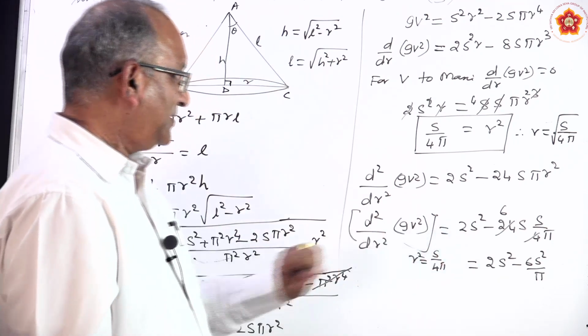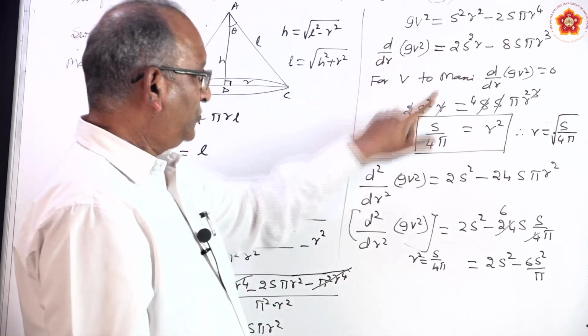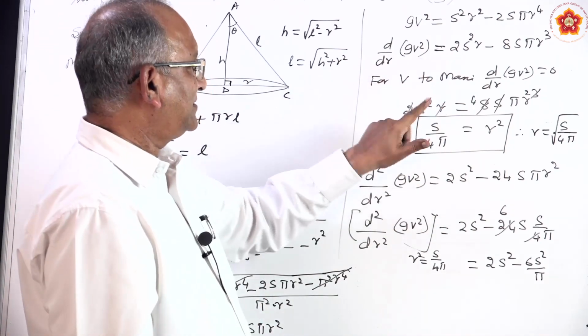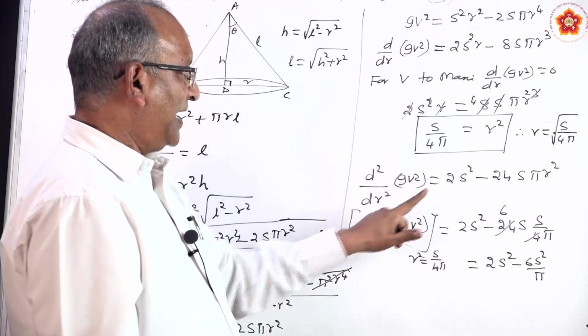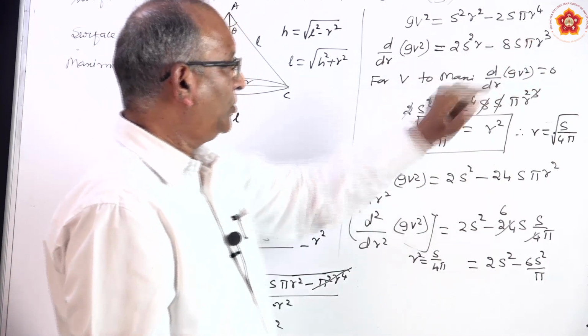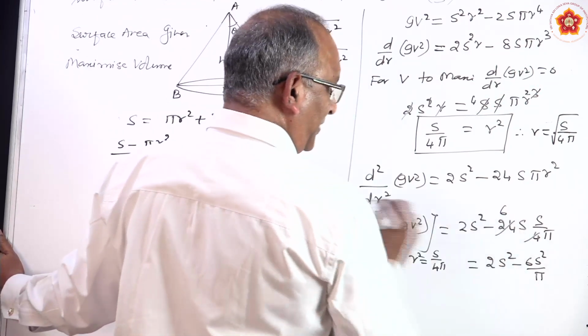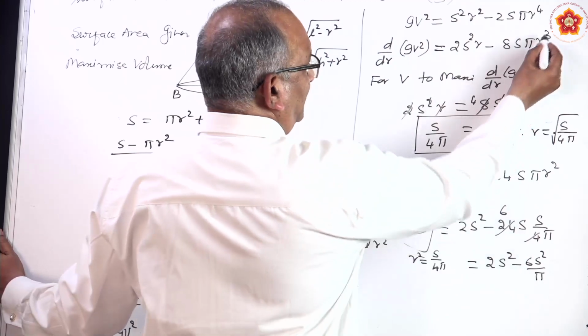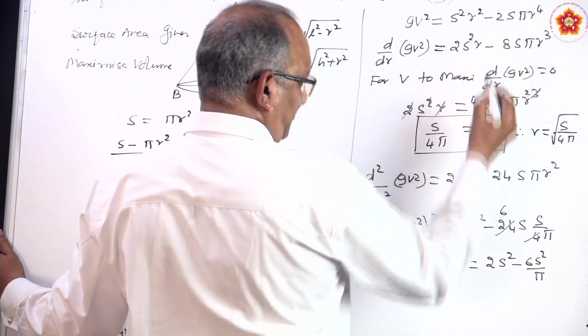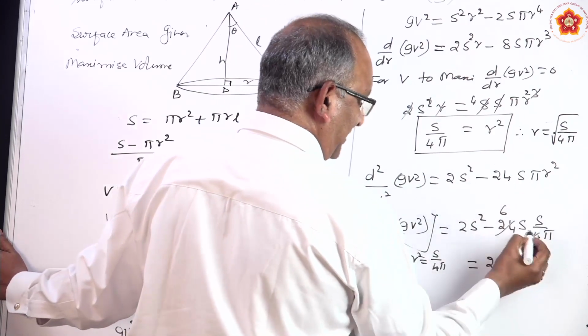2s square, we have differentiated this particular term. So 2s square remains as it is because the derivative of r is 1, minus 8s pi r cube. When we say pi r cube, here 3 comes here, 3 8s are 24, s remains as it is, and 1 pi is there.